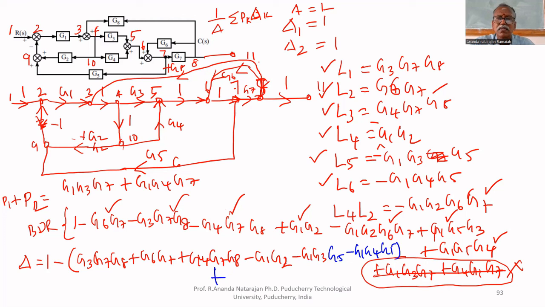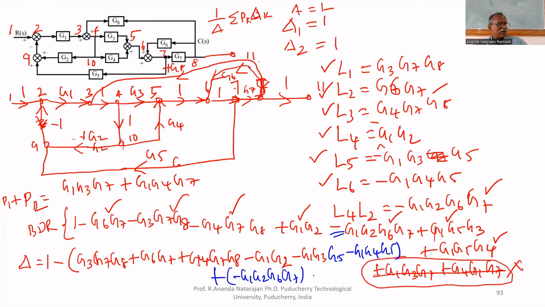That's all. Plus, what is the formula? 1 minus these, and again plus the two non-touching loops. That is minus G1, G2, G6, G7. That is minus only in the block diagram reduction.